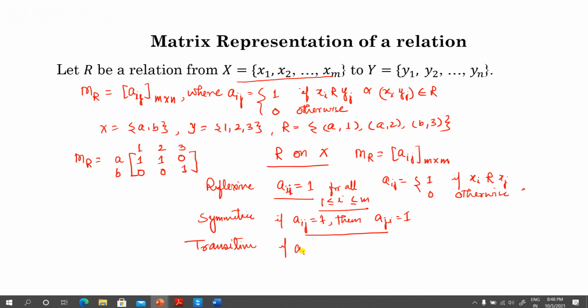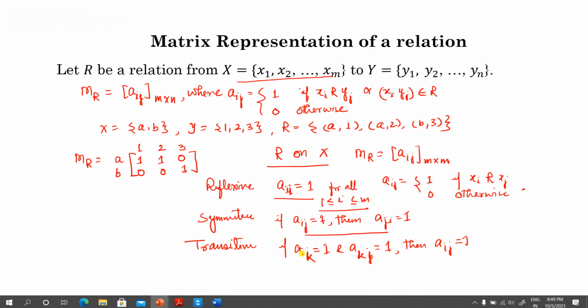If aij equal to 1 and ak equal to 1 and akj equal to 1, then aij must equal to 1. If aik equal to 1 and akj equal to 1, then aij must equal to 1.